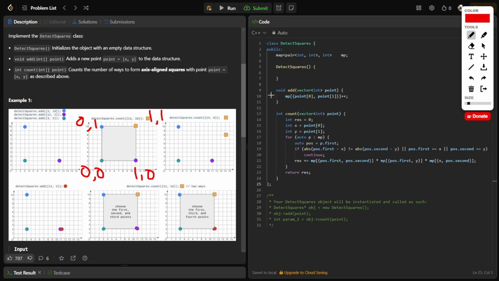We just need to find the diagonal point, which in this case is 0, 0. The way we determine whether it's diagonal is we take the query x minus the diagonal x, and the query y minus the diagonal y.